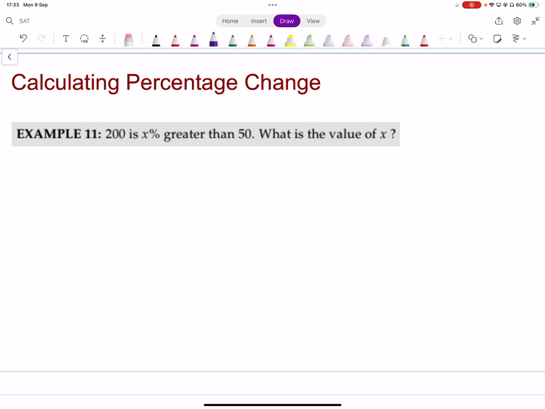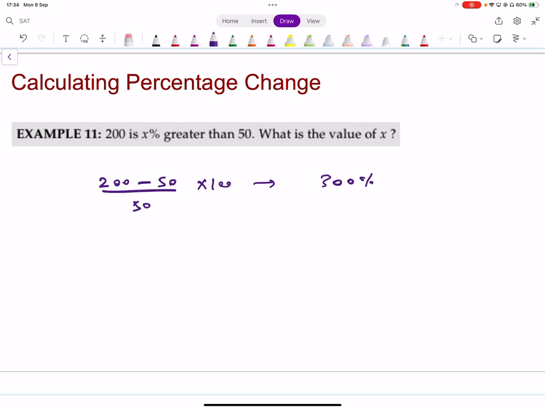We're looking for percentage change, right? How much percentage greater is one value than the other? 200 minus 50 divided by 50 into 100. What do you get from that? 300%. So it's 300% greater than 50.